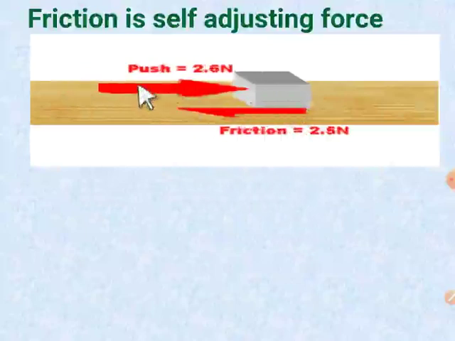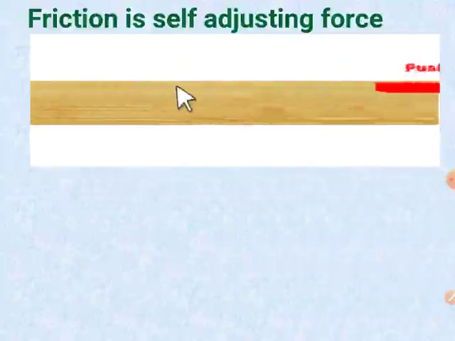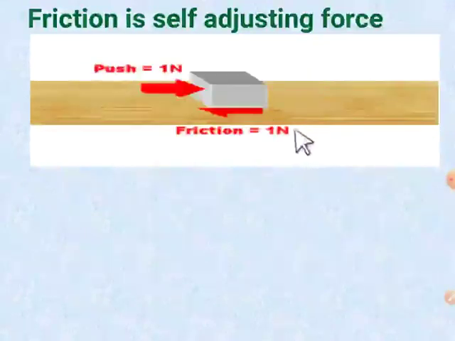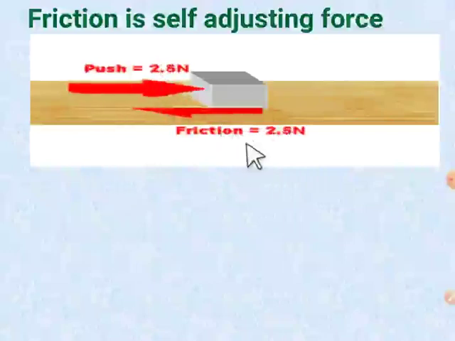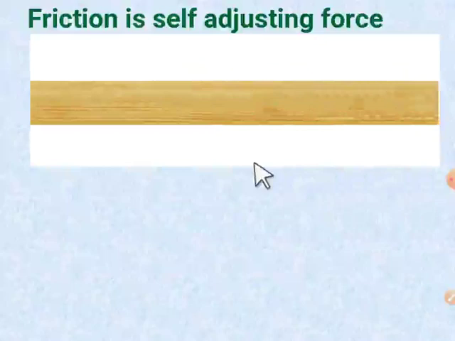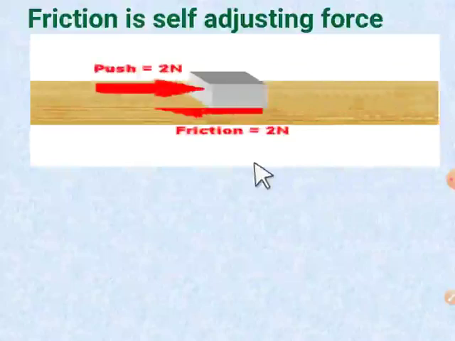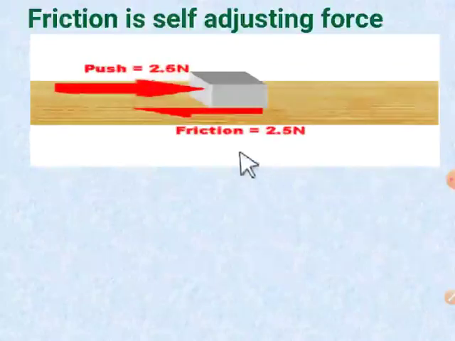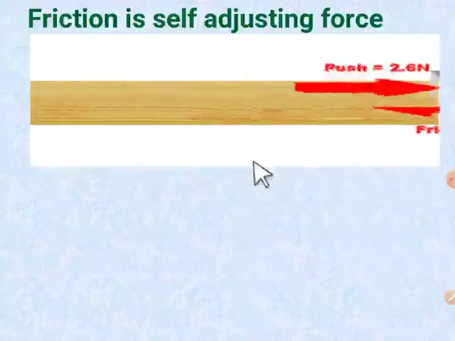So when the body is subjected to an increasing force, the frictional force also increases correspondingly. The force of friction that arises before the body actually moves or slides over another body is called static friction.